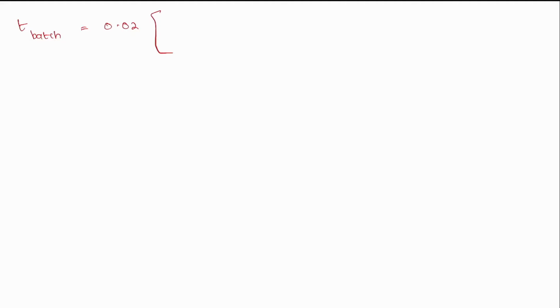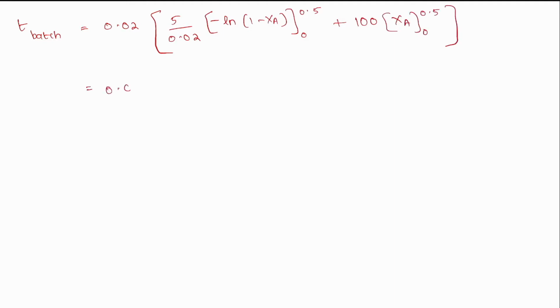So we can proceed by these following steps. The integral of 1 by 1 minus Xa will be minus ln of 1 minus Xa, and the second term integral will be Xa, and both will have the limits from 0 to 0.5. So just apply these limits here.